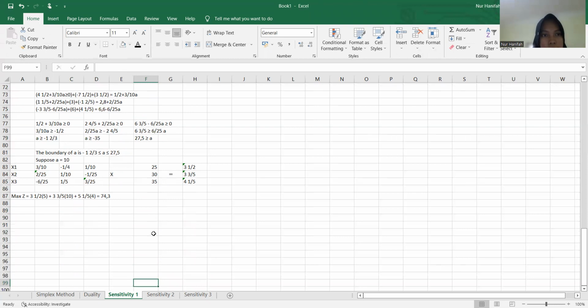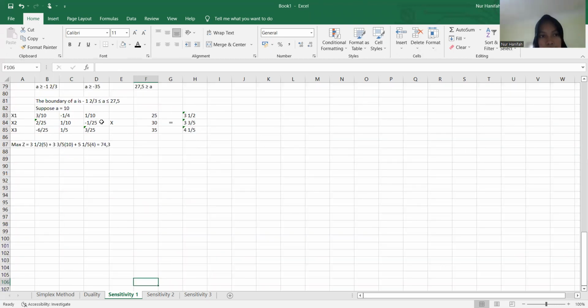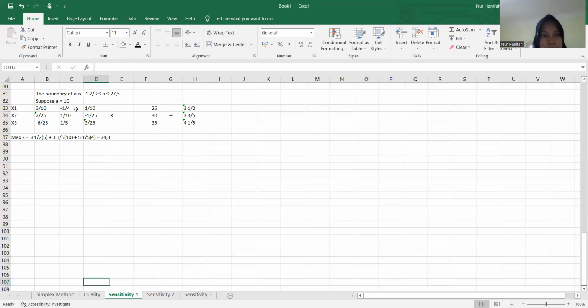So we get this boundary of a. And we suppose a is equal to 10. Because a is equal to 10, we must add 10 into the right side: 15 plus 10 equals 25, and we do the multiplication again, and then we get this result.